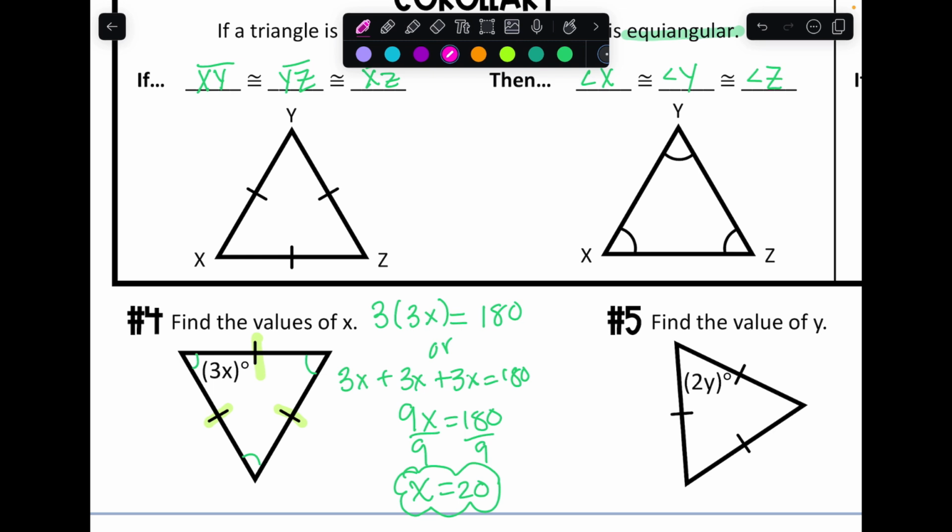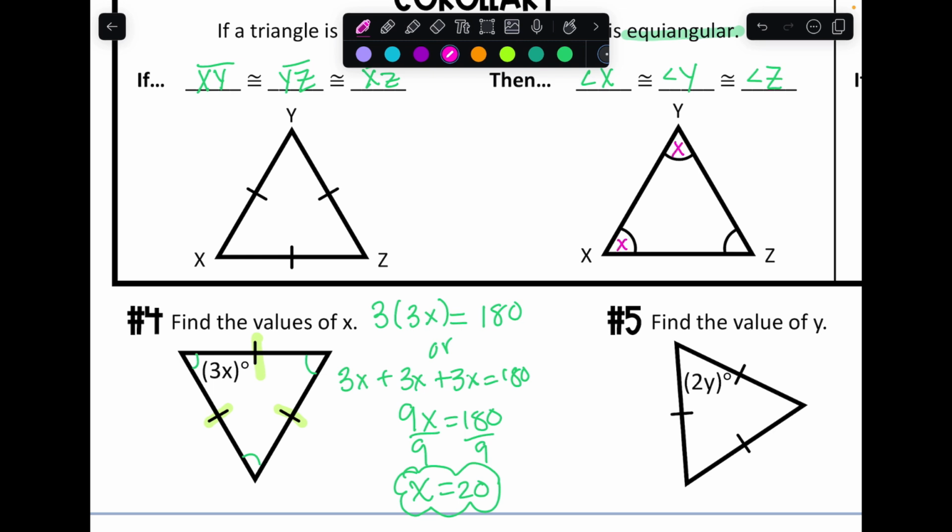Something else that we can talk about is because I know that all equilateral triangles are equiangular, that means that every single triangle that is equilateral has the same angle measures. Because I know that all 3 of the angles of a triangle should have a sum of 180. So let's go ahead and see if we can figure out what each angle in an equilateral triangle would equal.